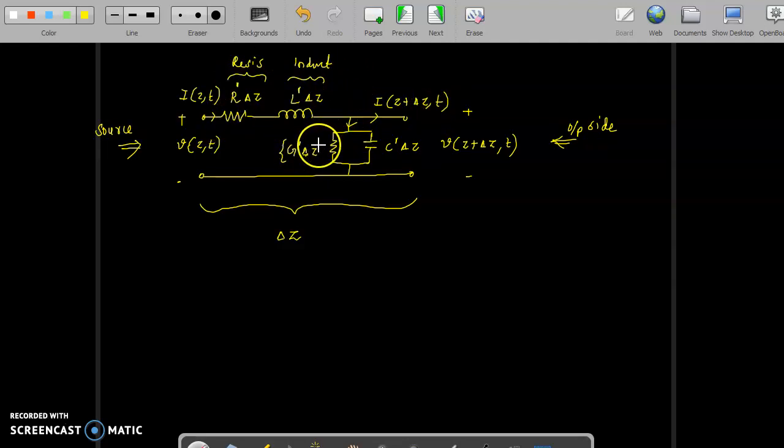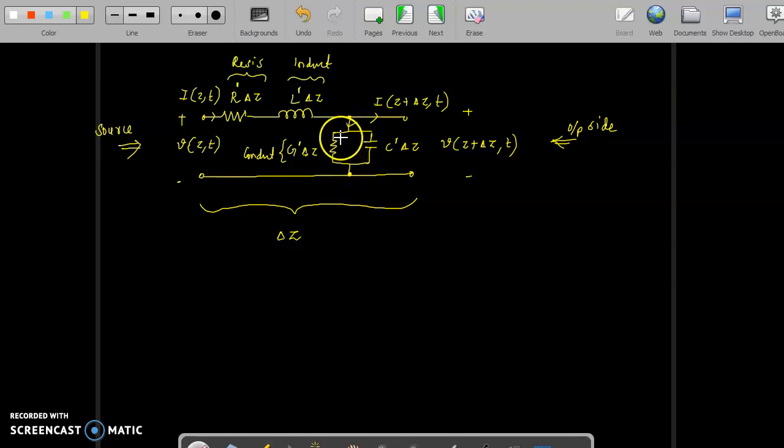So this is the total conductance. The conductance is because of the leakage current flowing through the insulation. So maybe some insulation damages, or maybe the weak insulation coordination of the disc insulators. Because of many other parameters, some current will flow from this point to this point.